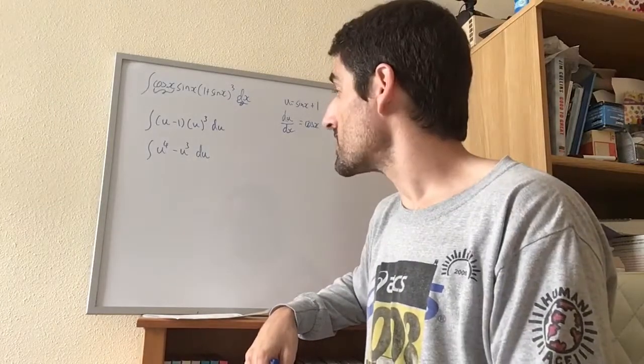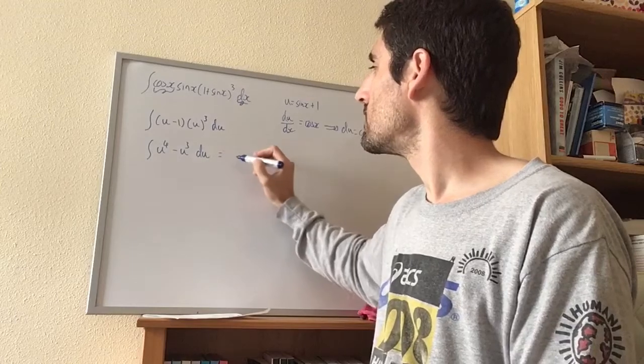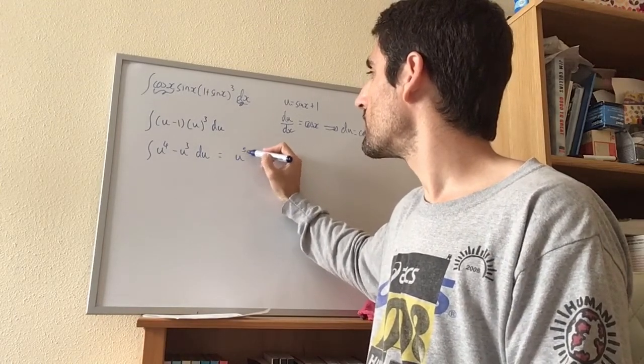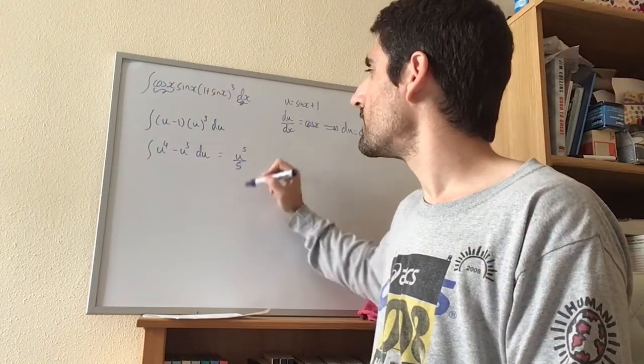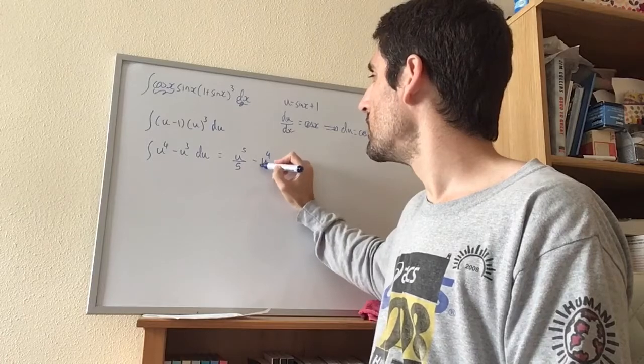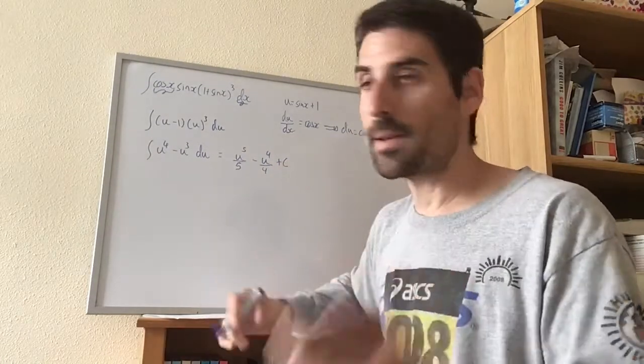If we integrate that, we get u to the 5 over 5 minus u to the 4 over 4 plus c, indefinite integral.